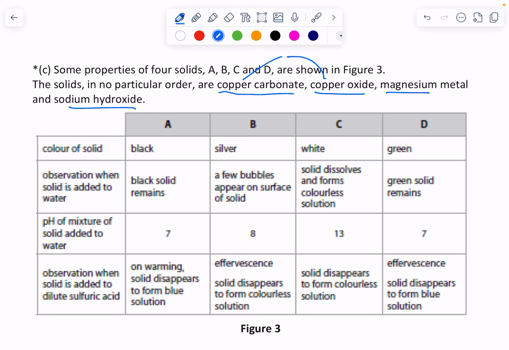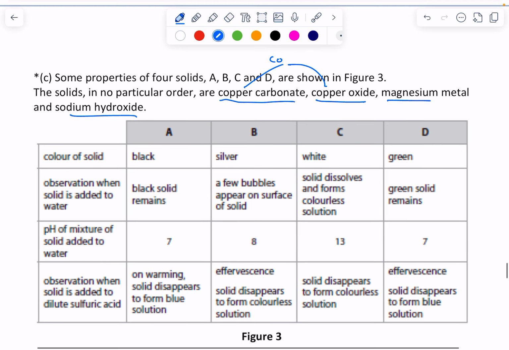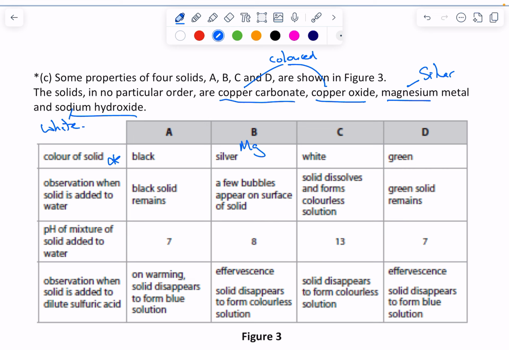These 2 contain copper. Copper is a transition metal, so copper is always going to form a colored compound. Sodium hydroxide is a group 1 metal. They always form white compounds, and magnesium is going to be silver. So if we look at the color column first, I can see that this must be the magnesium.